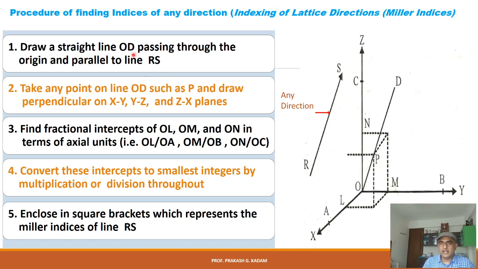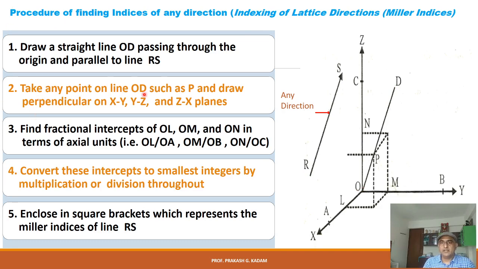Draw a straight line OD passing through the origin and parallel to line RS. This is the line RS, and we have to find the coordinates of this line. So draw a line from the origin, parallel to RS.